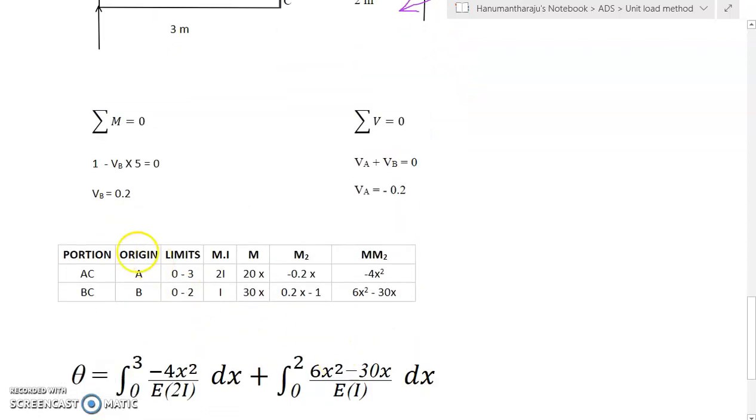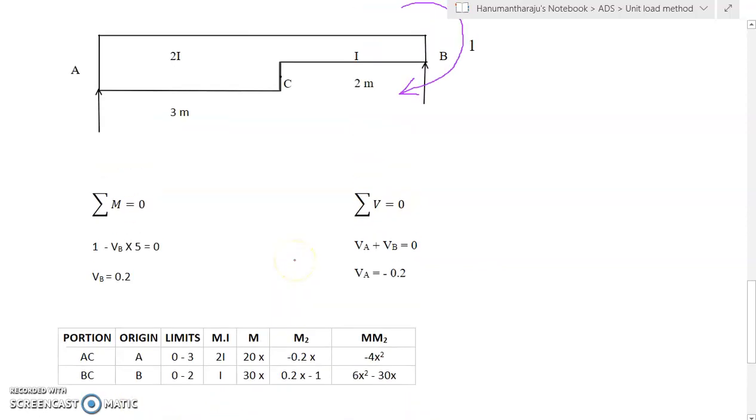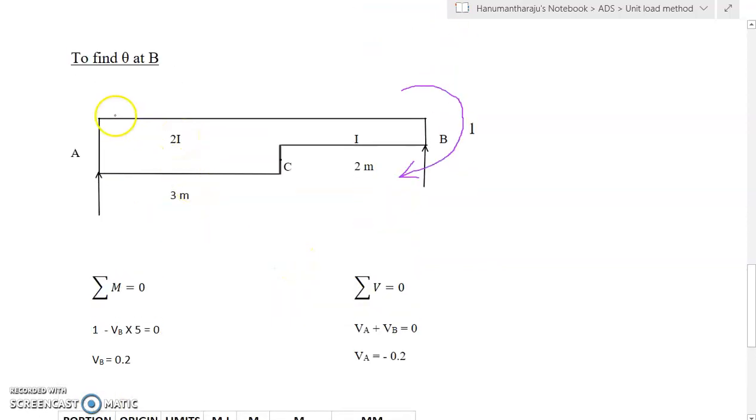In the tabular column, the portion AC is taken, A is origin, limit is 0 to 3, moment of inertia is 2I, moment due to external load remains same, that is 20x, moment due to unit moment you need to calculate. To find the moment in the portion AC, take a section in portion AC at a distance x from the origin.